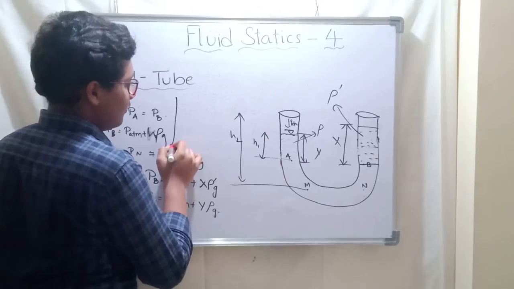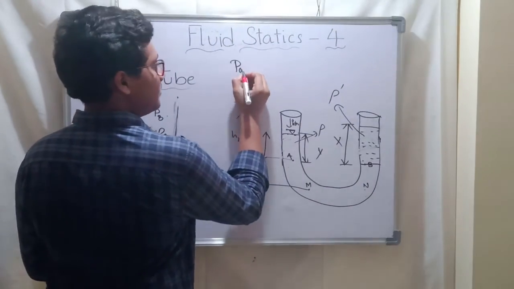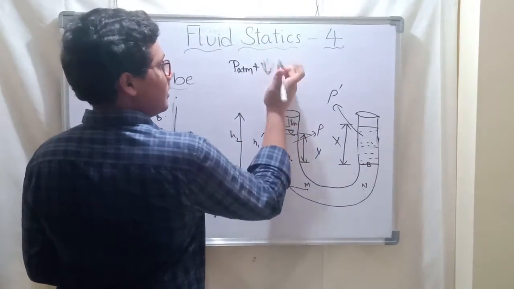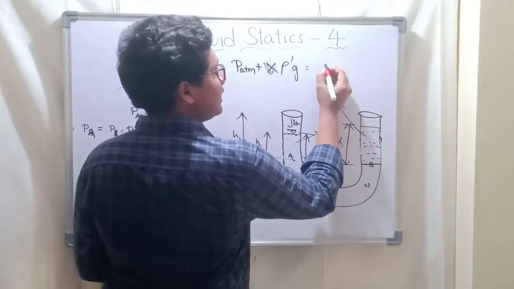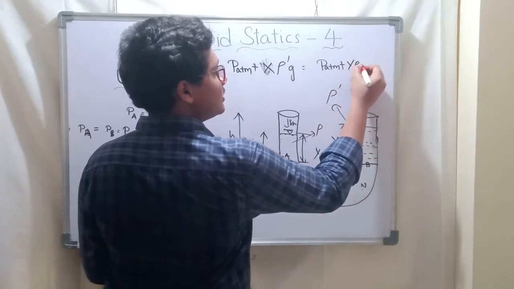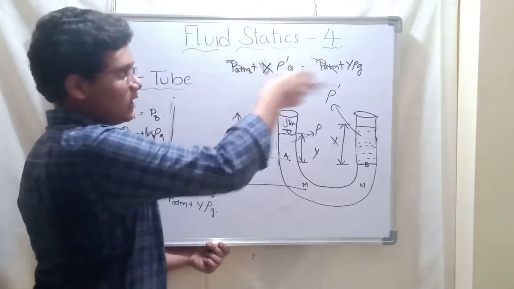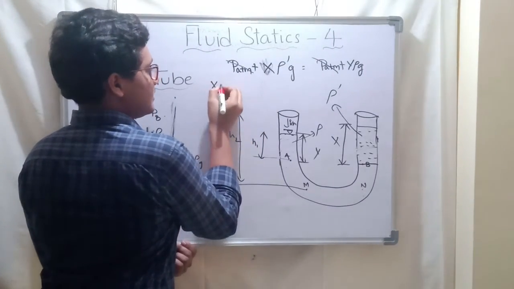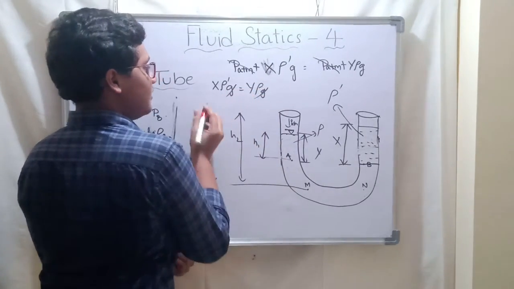Now I write here PATM plus X rho dash G is equal to PATM plus Y rho G. So PATM and PATM will get cancelled, because if it comes to this side, PATM minus PATM both will become 0, and X rho dash G is equal to Y rho G. G and G will get cancelled.